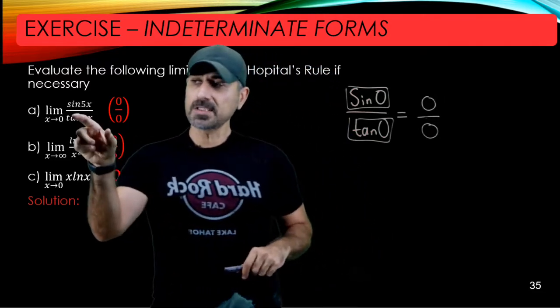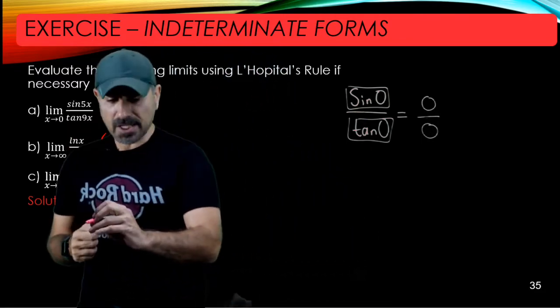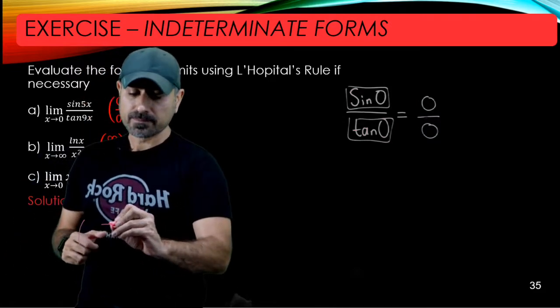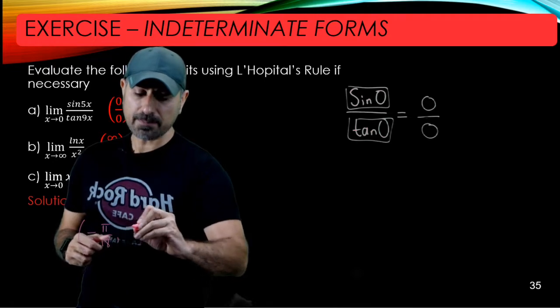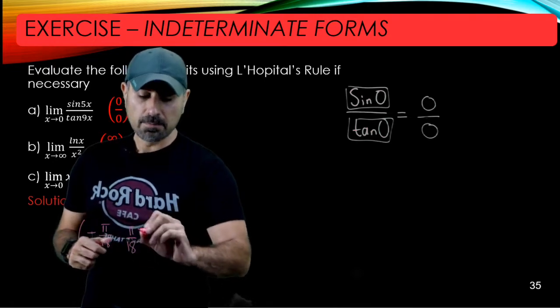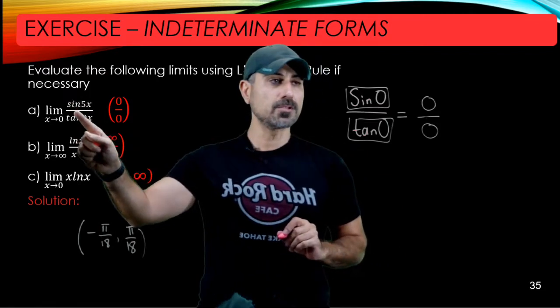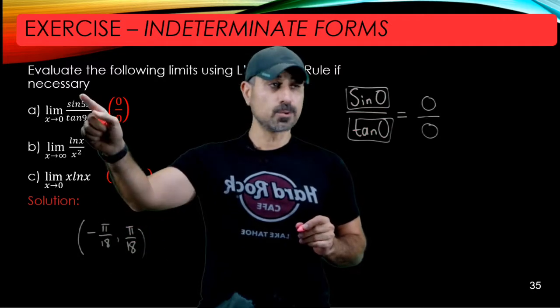And specifically speaking, this is tan 9x. So the interval that we're looking for should not go beyond minus pi over 18 and pi over 18. Because when you plug in this endpoint for tan, that's going to be tan pi over 2, which is undefined. And this is going to be tan minus pi over 2 when you plug in.